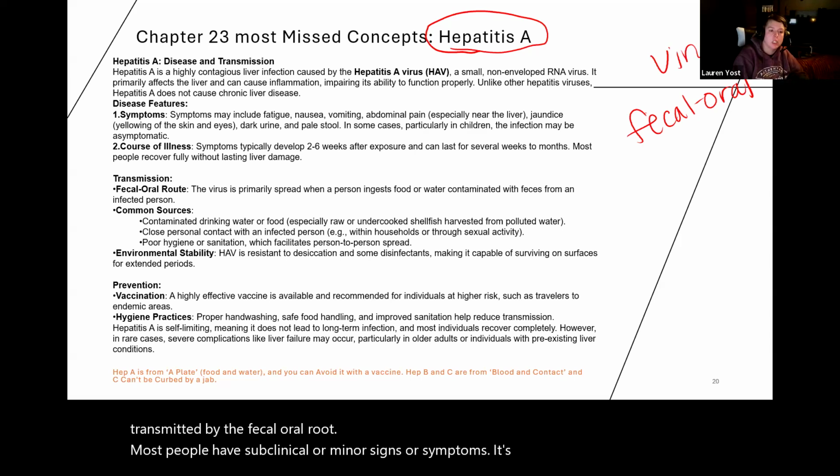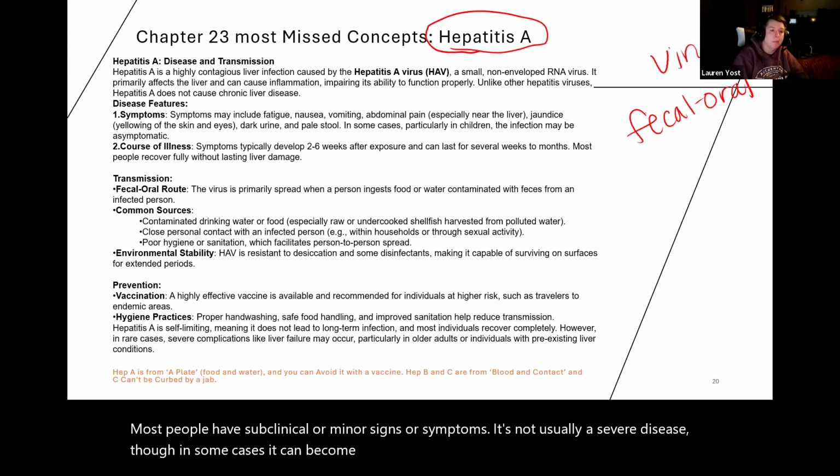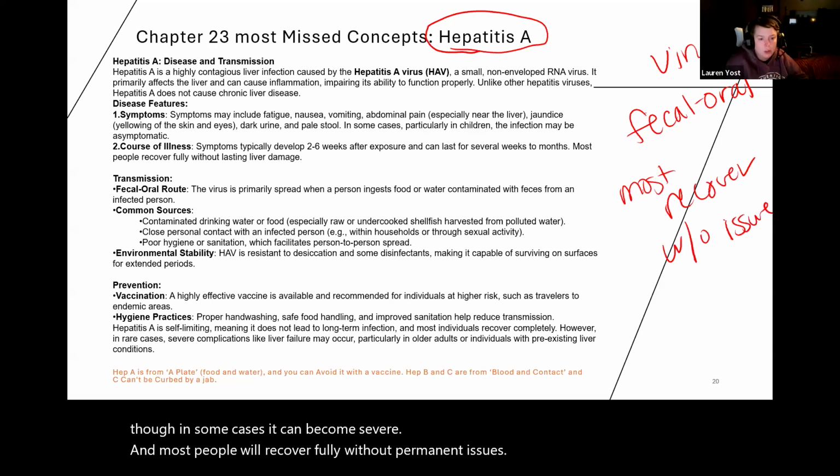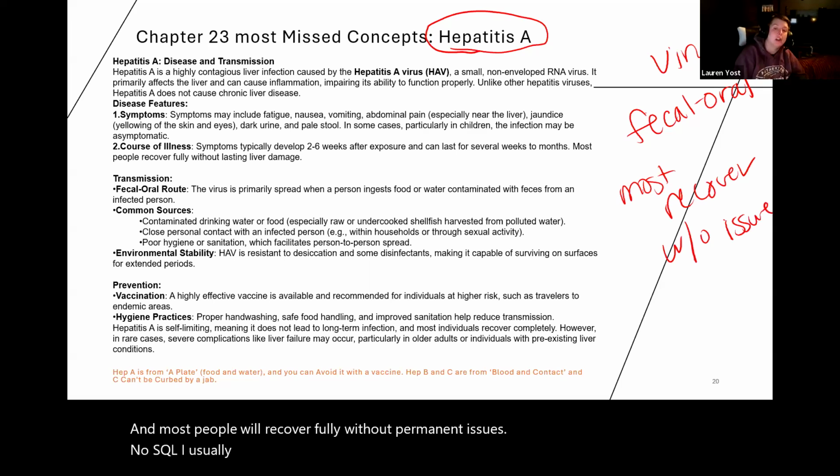It's not usually a severe disease, though in some cases it can become severe. Most people will recover fully without permanent issues. No sequelae are usually associated with this one. And there is a vaccine for this.